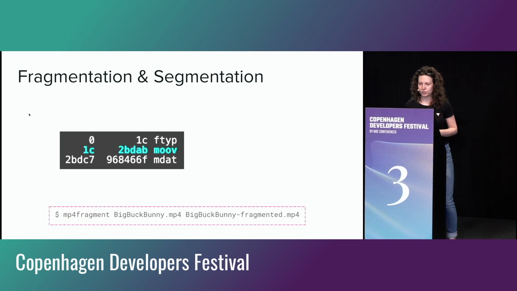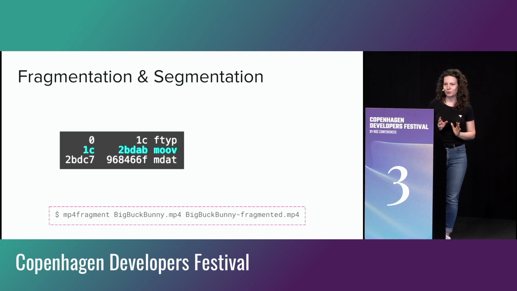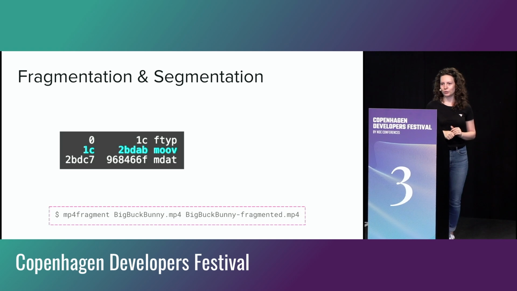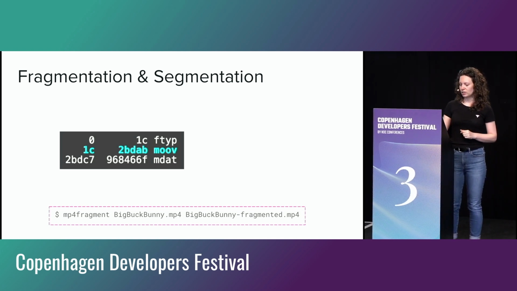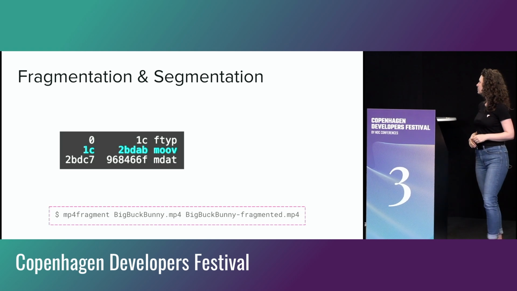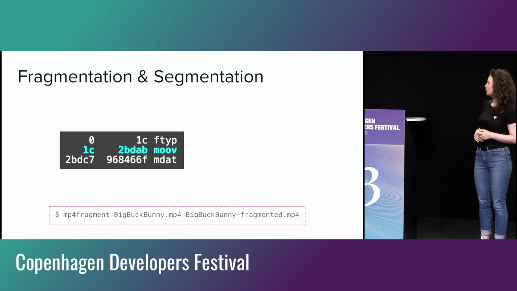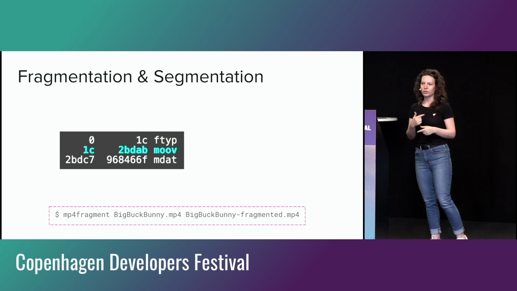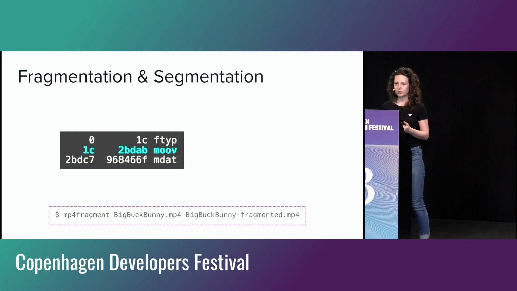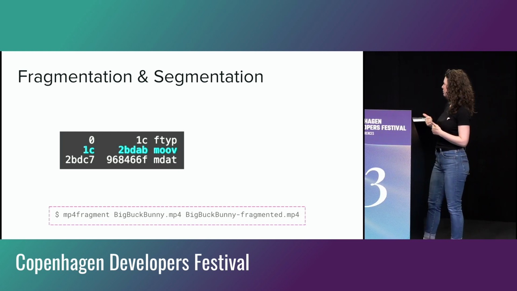And this is how it looks in reality. So I used one of the online tools that I'm going to show you later as well. And I took the Big Buck Bunny MP4 file and uploaded it to the website. And it showed me what kind of atoms it has. So as you can see, it has the ftyp, moov, and mdat.